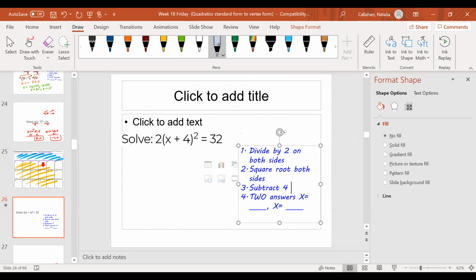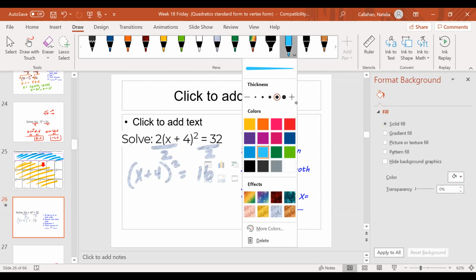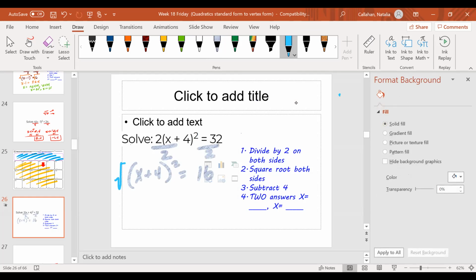So let's take a look at this. Step number 1, you're going to divide it by 2 on both sides. Divided by 2, divided by 2, and you have x plus 4 squared equals 16. Next step, square root both sides. So I have x plus 4 equals plus and minus 4.